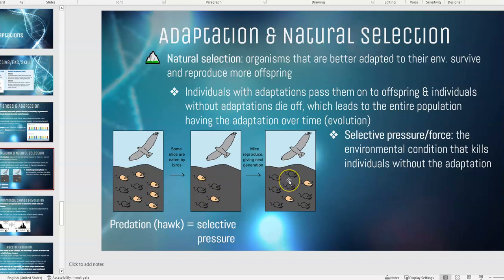So at the end of the day, a simple mutation of this dark-colored mouse compared to the light-colored makes its population increase and the light-colored mouse decrease. The hawk is providing selective pressure in favor of one color over another. Remember that the occurrence of the white and brown mouse is completely random. It's the pressure which causes it to be selected.